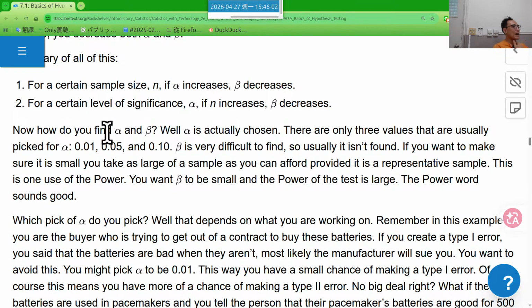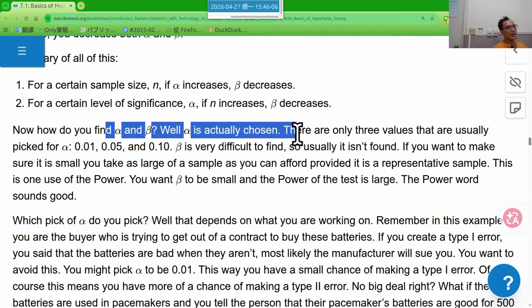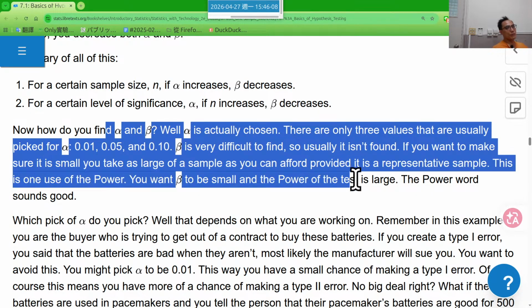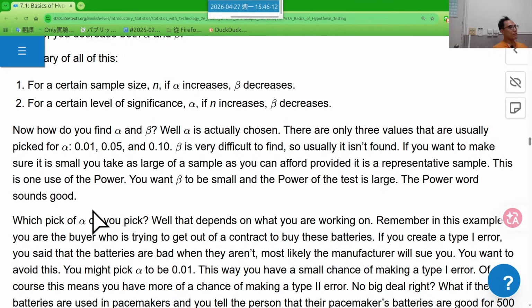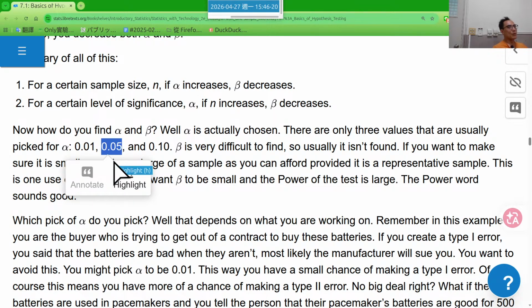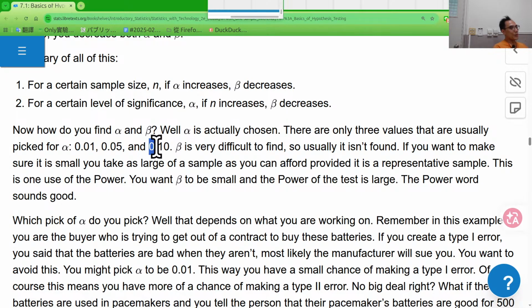How do you find alpha and beta when they are actually chosen? There are only three values that are usually picked for alpha: 0.01, 0.05, and 0.1. Look at 0.05 one more time, because it is the most commonly used.